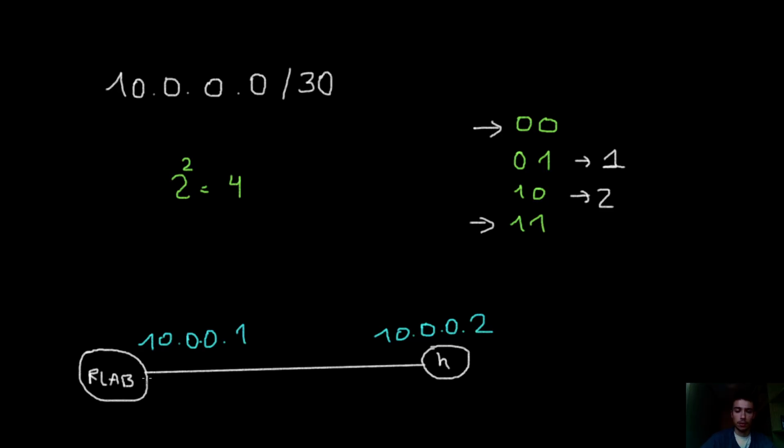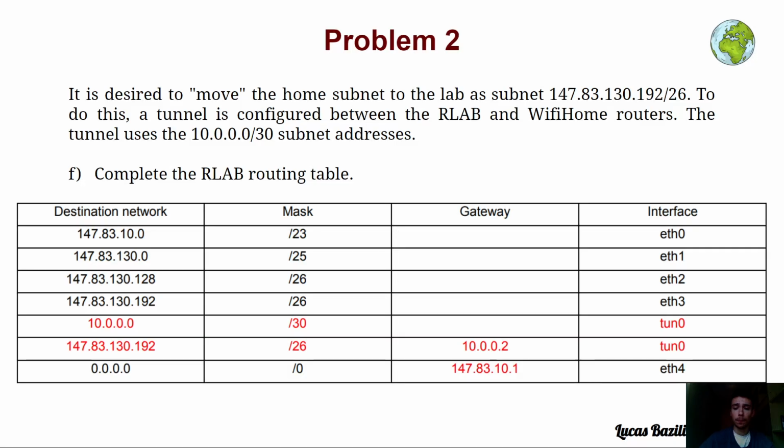Keep in mind that this is the network of the tunnel, so both routers are directly connected. Since we are analyzing the routing table of the laboratory router, it is directly connected to the tunnel network, so there is no gateway. Whenever we have a direct connection, we have no gateway. Again, the interface is the tunnel 0.